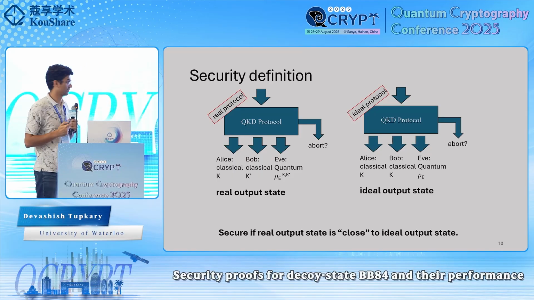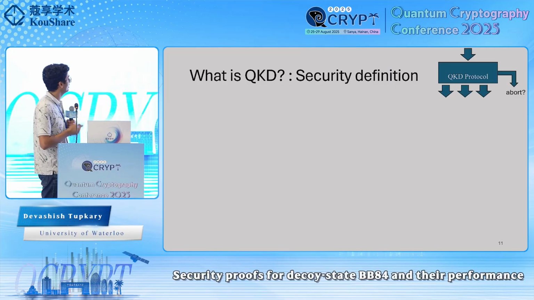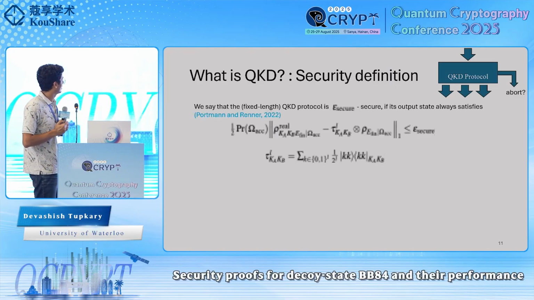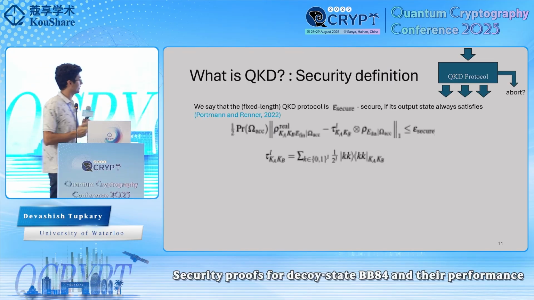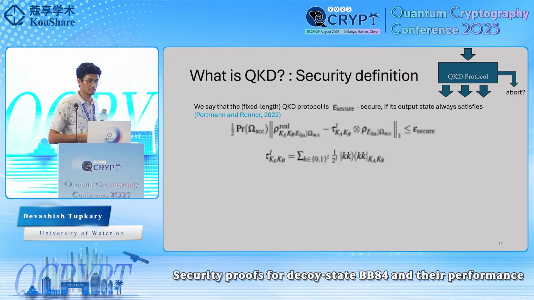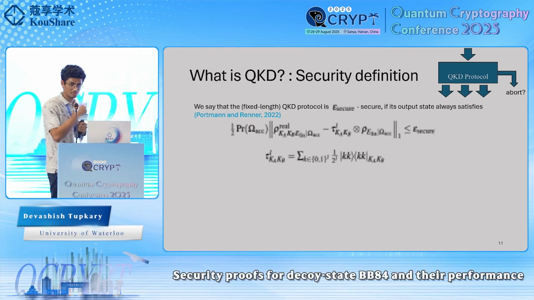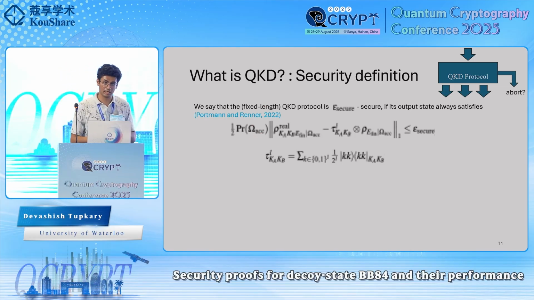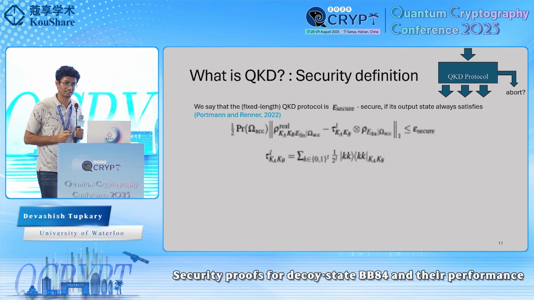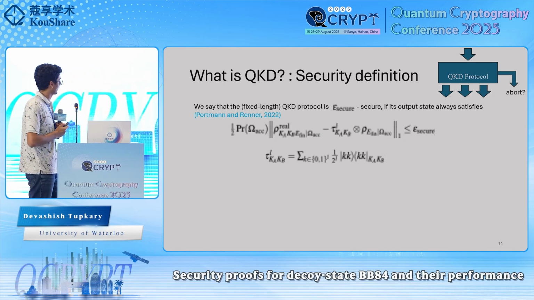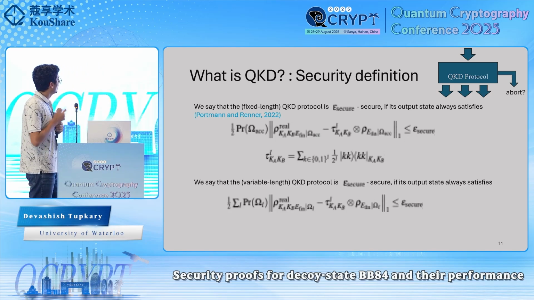That's the general idea, but a bit more formally, a fixed length QKD protocol is secure if its output state satisfies this particular equation, where we basically have this probability of accept term sitting in front, and we look at the distance between the real state and the ideal state conditioned on acceptance.